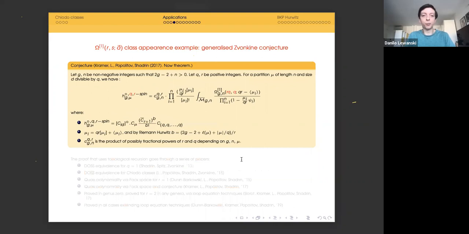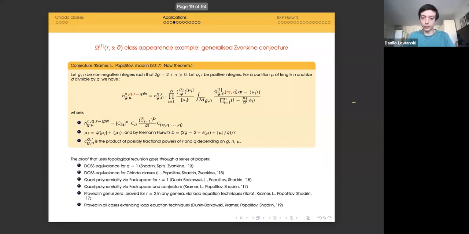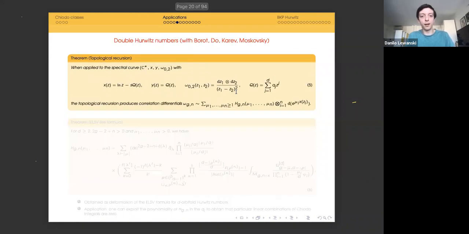And then you can put the two together. You can do completed cycles with orbifold profile, and again you can control this with topological recursion. The parameters you need are r and Q. This has been proved in a long series of papers by many people.